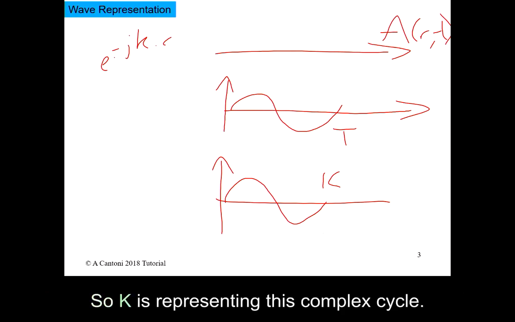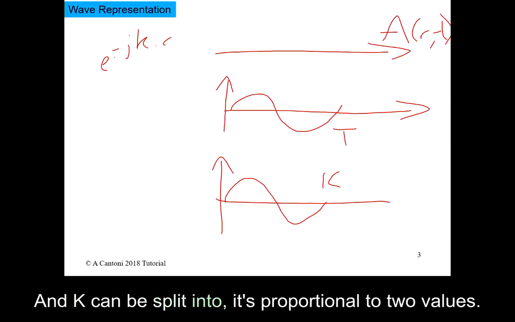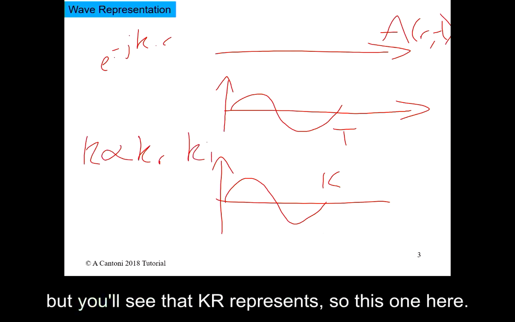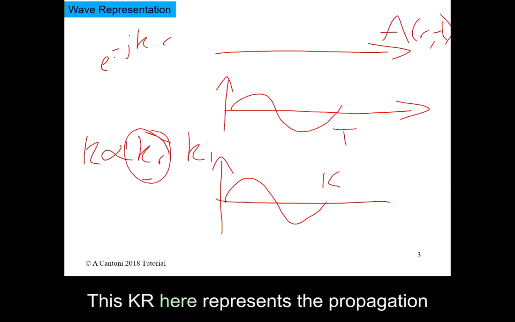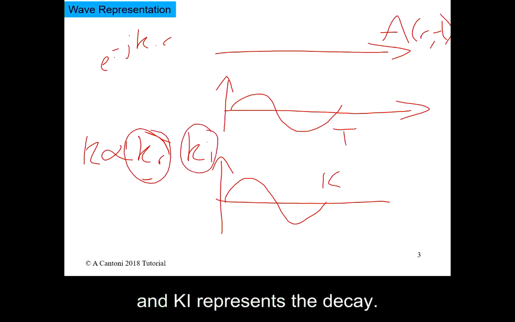So k is representing this complex cycle, and k can be split into two values, kr and ki. You'll see that kr represents the propagation, and ki represents the decay.